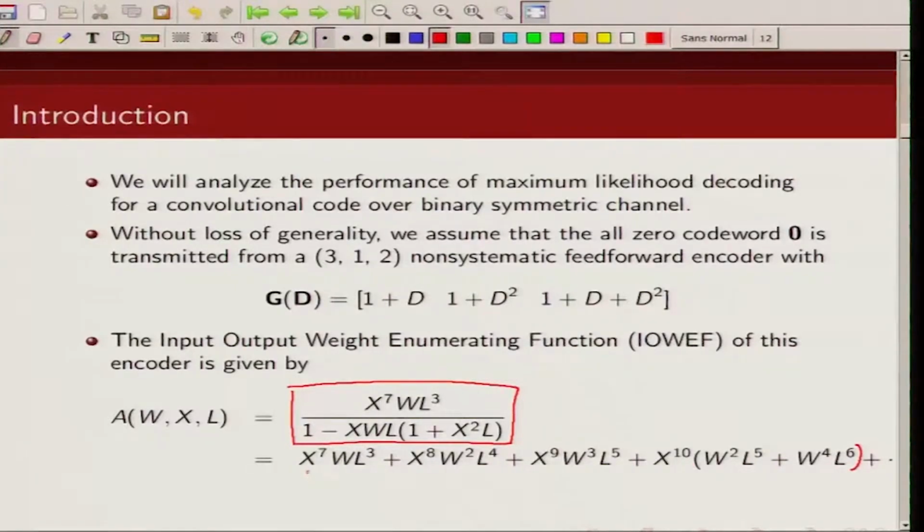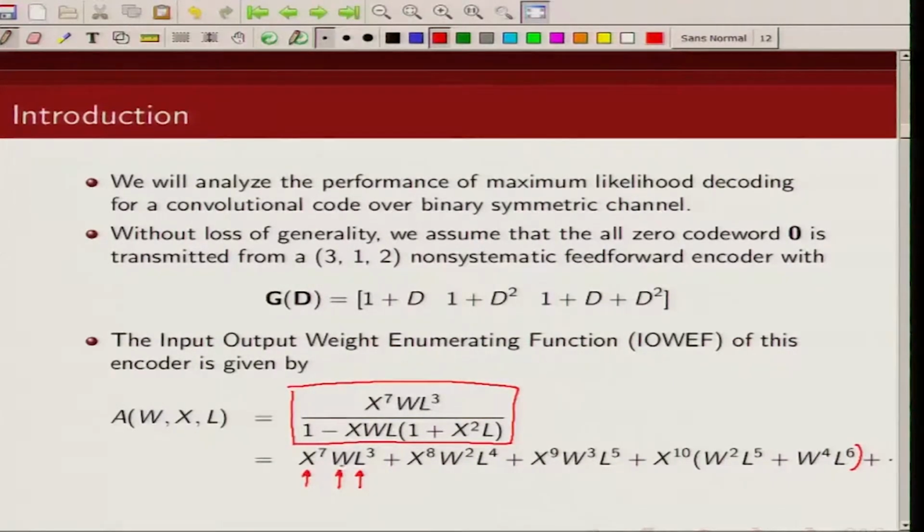Here the exponent of X gives me the overall weight, the exponent of W gives me the information sequence weight, and the exponent of L gives me the length of this path, that is, the time it diverges from the all 0 state to the time it remerges at the all 0 state.